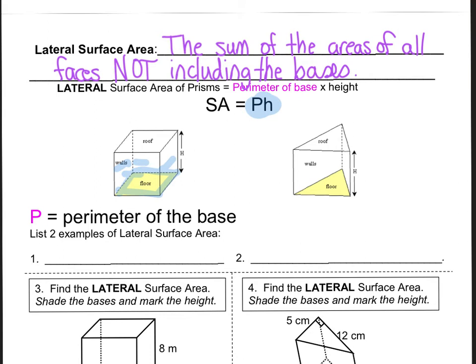There are tons and tons of examples of lateral surface area. A couple that I came up with are painting the walls of a room.